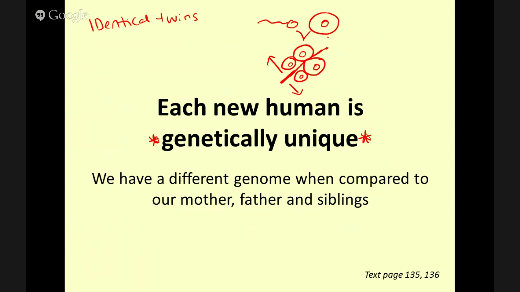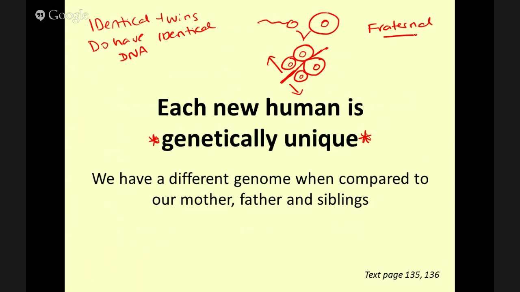Just remember that identical twins are the rare exception. Identical twins do have identical DNA. And there's a different type of twins that are called fraternal twins. Fraternal twins happen when a female releases 2 eggs in a month. Remember, we said usually a female releases 1 egg during ovulation.